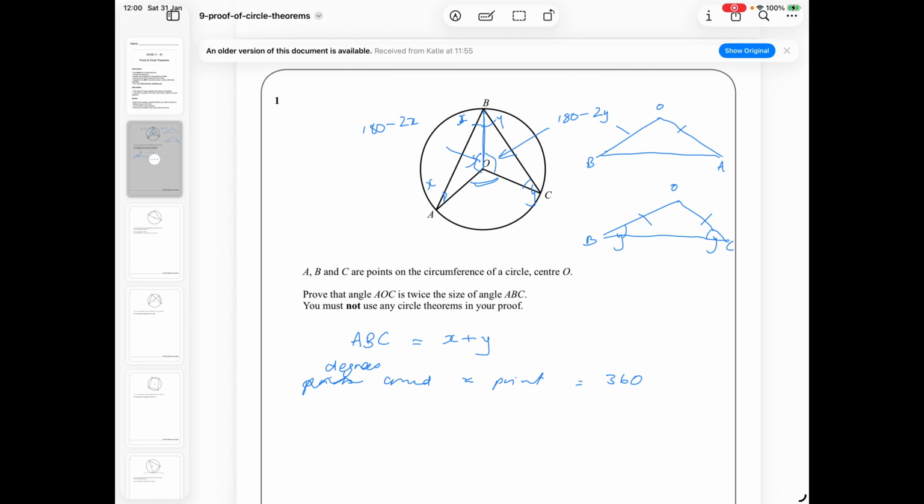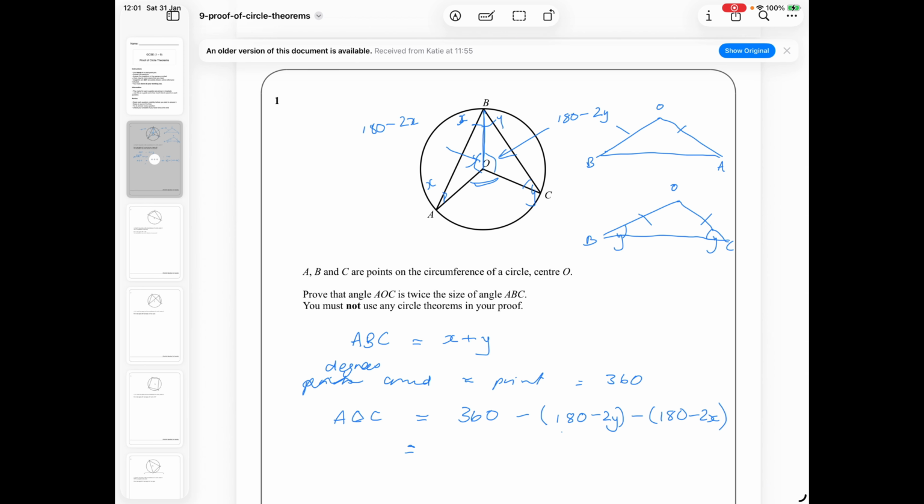So to find AOC, we have to do 360 minus (180 minus 2y) minus (180 minus 2x).